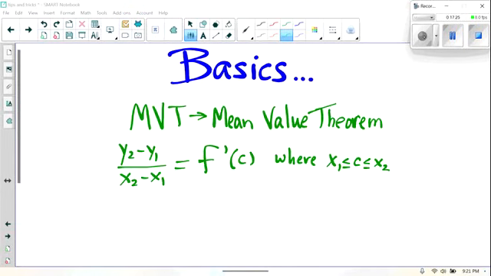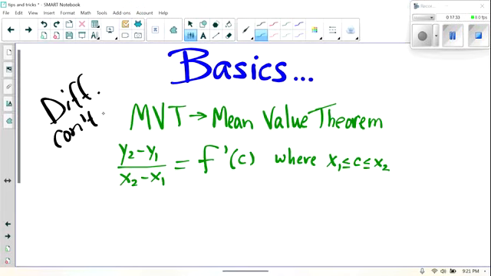The mean value theorem. All that means is if I have a function that's differentiable everywhere, it's continuous everywhere, that the change in y over change in x over the interval that they give us has to equal the derivative at some one point c, where c is in between our interval.